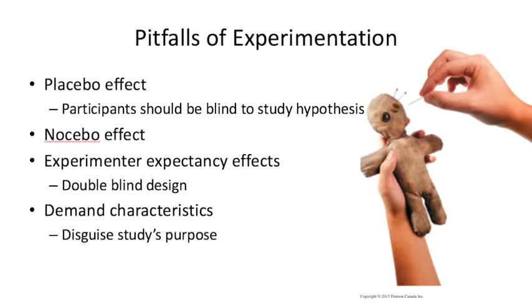It's just very subtle behavioral changes that I make to make people in the experimental group feel a little bit more comfortable. Again, this is inadvertent. It's beyond my awareness that I'm doing this. But it can and it does sometimes skew the data in a very important way.